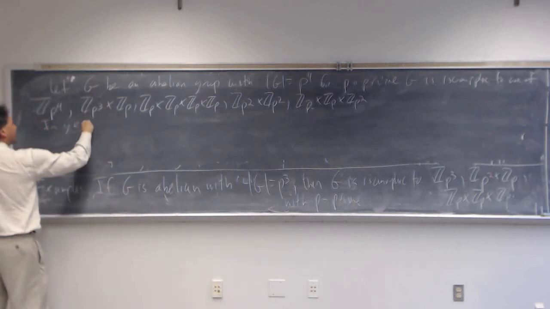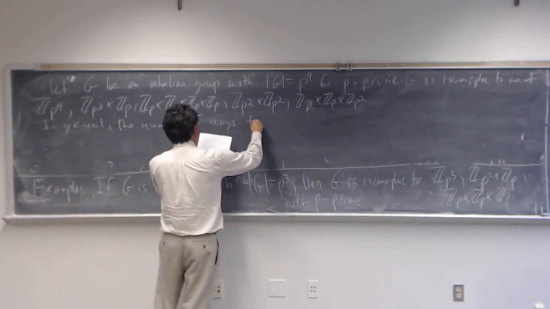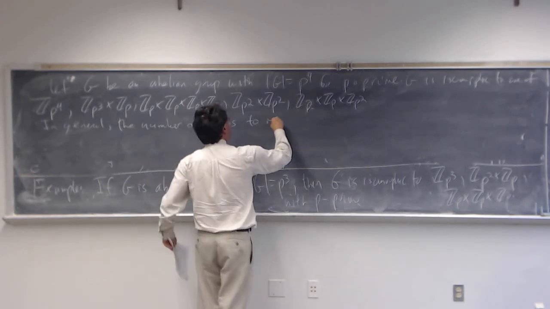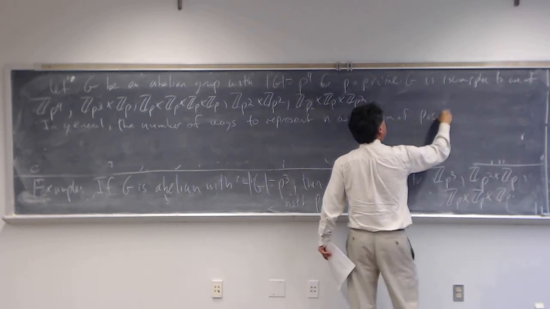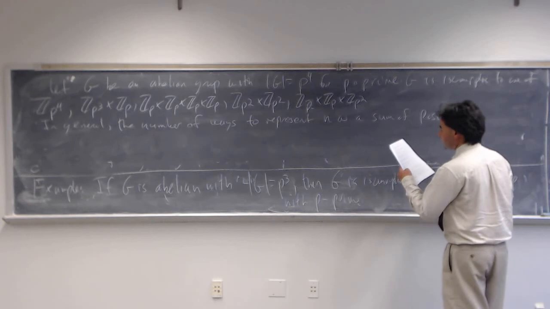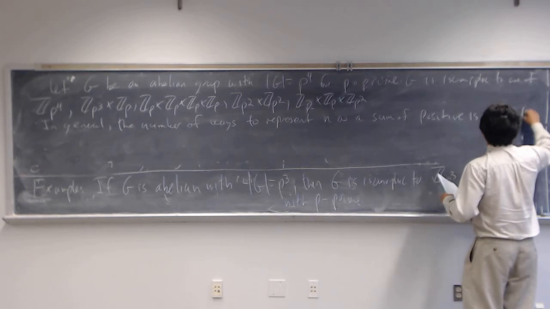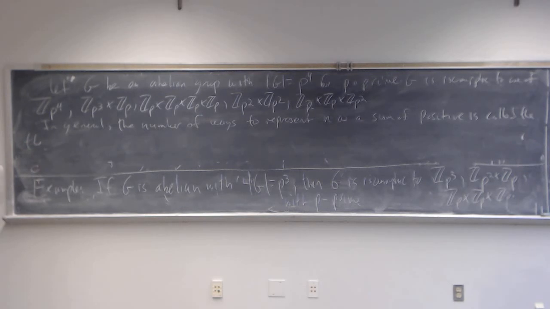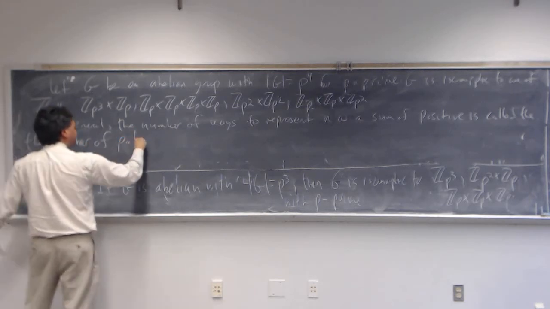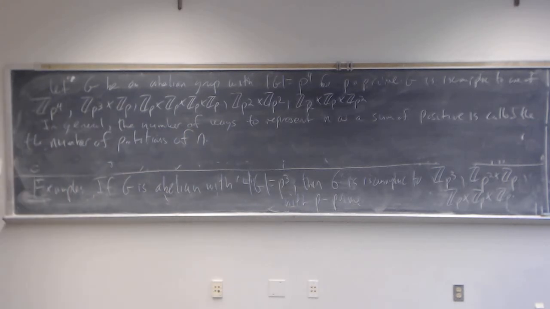So in general, the number of ways to represent an integer n as a sum of positive integers is called the number of partitions. Each way of representing an integer would be called a partition.